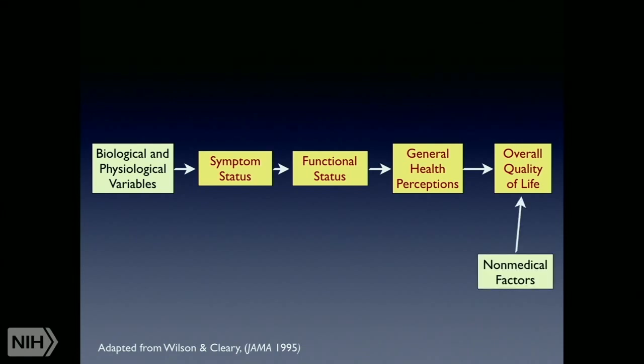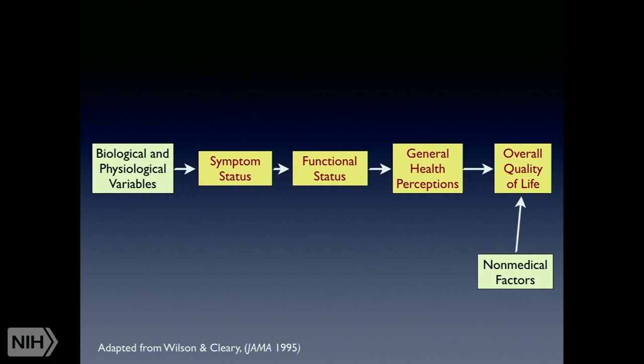And so we've got a lot of these non-medical factors, your financial, socioeconomic considerations that are informing one's overall quality of life. But certainly one's health-related quality of life could be a major determinant of that. Okay? So we've got this sort of chain, this causal chain of patient-reported concepts here.